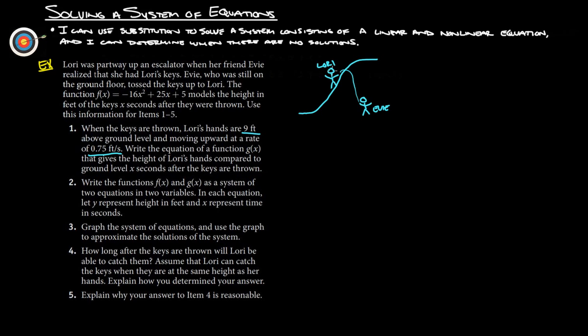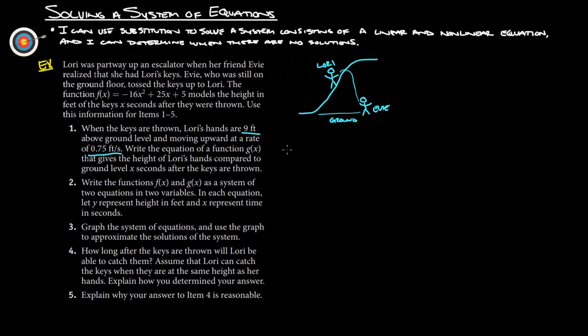Okay, so just to make sure that we're clear, Lori is the one that's on the escalator. Evie's the one on the ground. Here's the ground, right? 9 feet above the ground level and moving upwards at 0.75 feet per second.